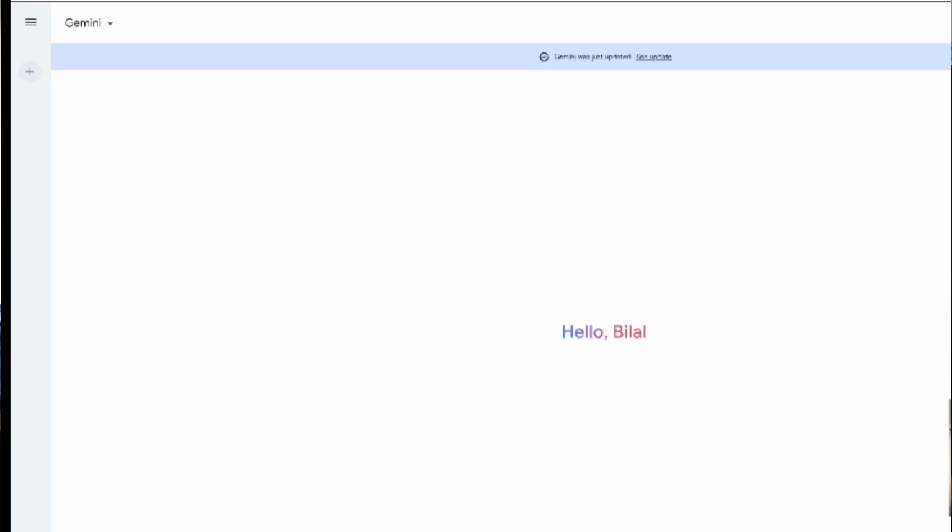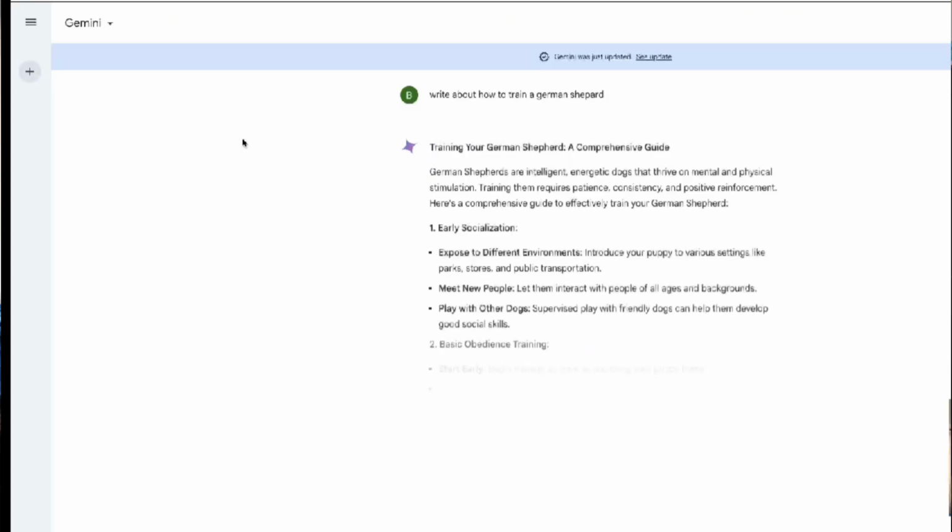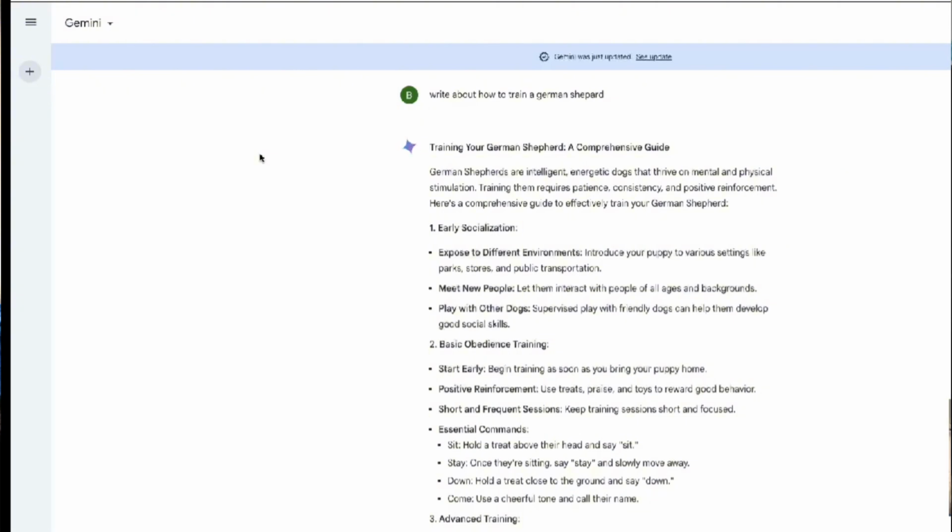Now, that's not the controversial part of this whole conversation. The controversial part is that people were actually testing this out for Gemini AI without even knowing that they were testing out a watermarking system.